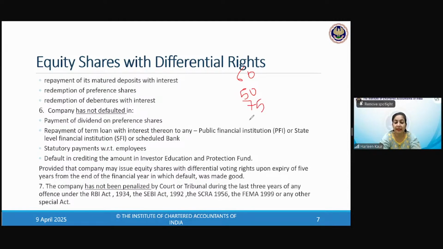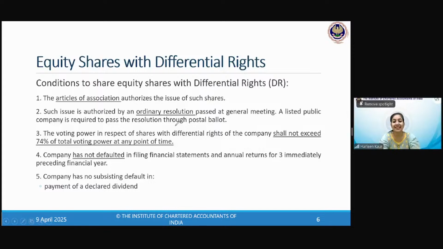Please pick up a correct answer. The voting rights of the DVR shareholders shall not be more than. Excellent. Everyone has given the correct answer. This proves to me that you have revised your work very well, children. So yes, it's correct. That is 74% of total voting power should not be exceeded.